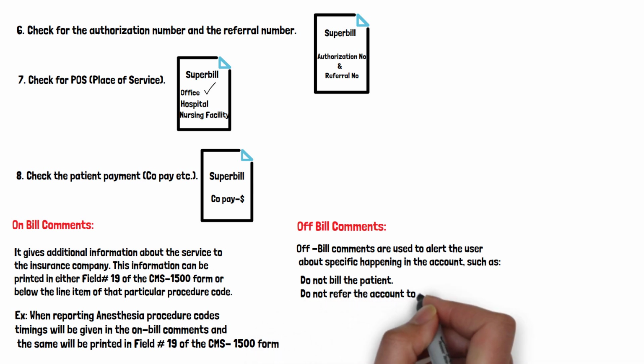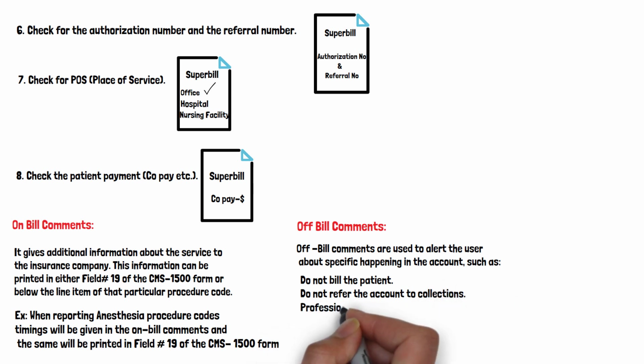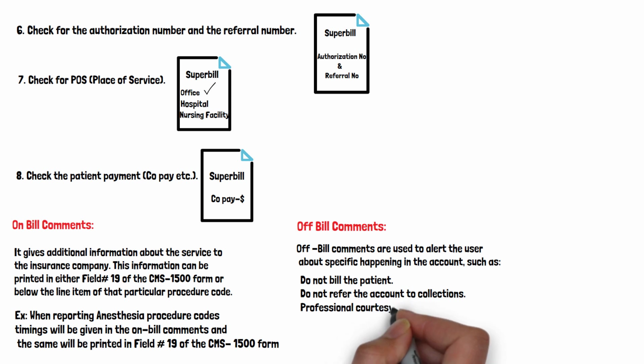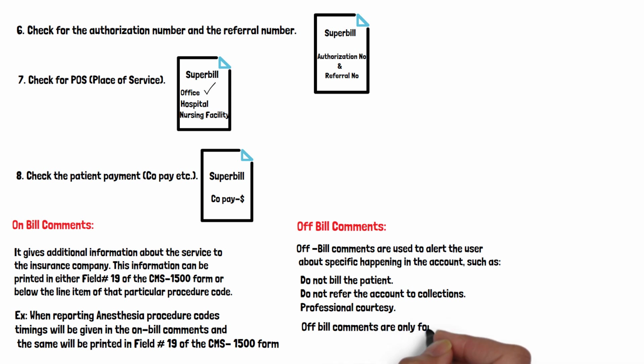Then they will clearly mention in the off-bill comments, do not bill the patient. Now, if there is a lot of outstanding balance on a particular account, sometimes we forward it to collections, but in this case the doctor decided not to forward the account to collections. Things like this, professional courtesy. Off-bill comments are only for the billing office and they won't have any impact on the claim.